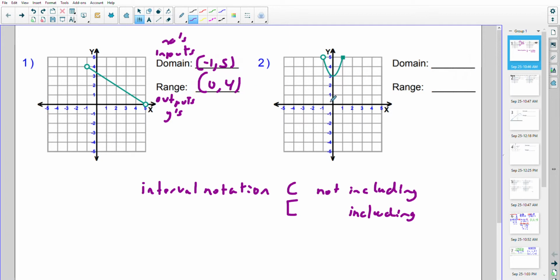Looking at this one, domain, not including -1, but including 1. So I'm going to use a bracket. And the range is going to go from 3, and it does include 5. Even though it doesn't include it here, it does include it on the right side.